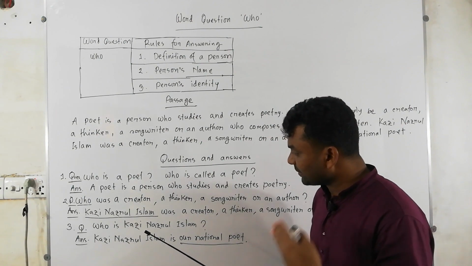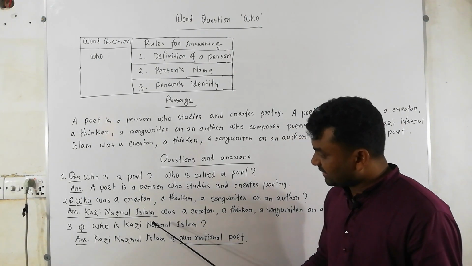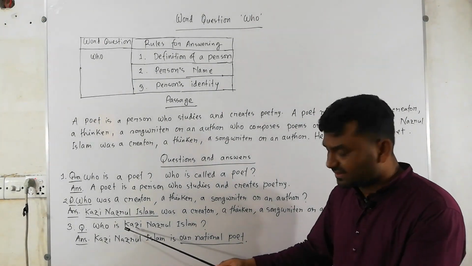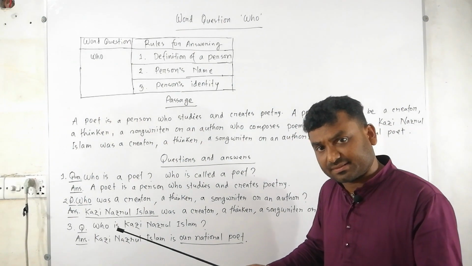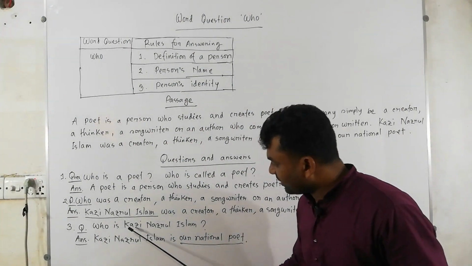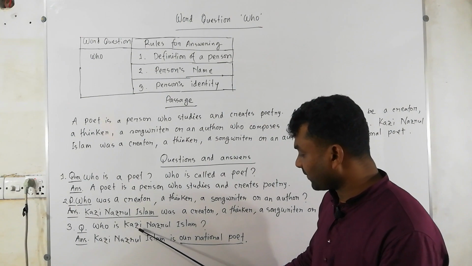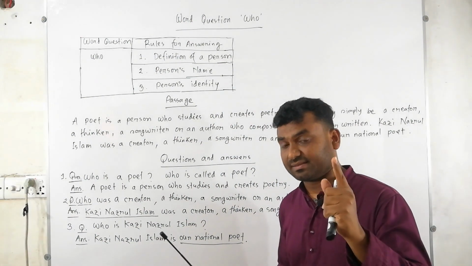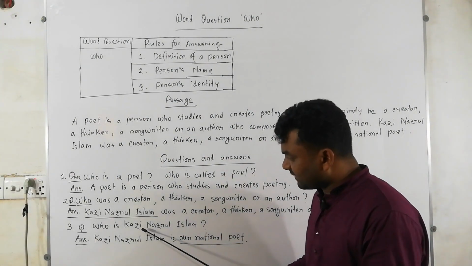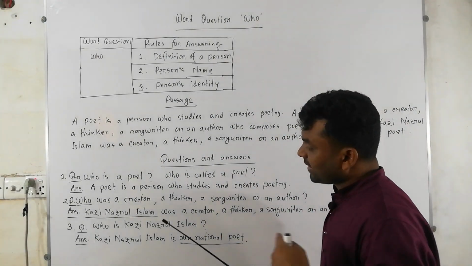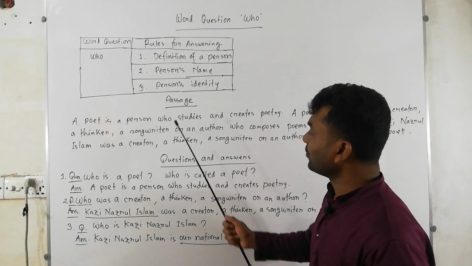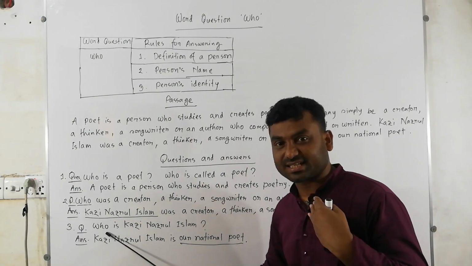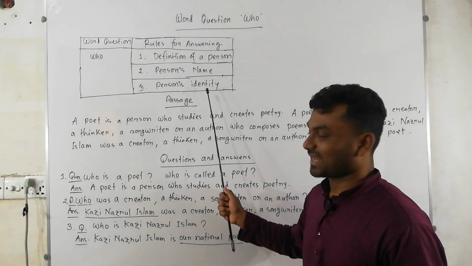But we're looking at that in this question we have Qazi Nazrul Islam. The person's name is in the question. Now what will happen? Now don't worry. If there is a person's name in the question, keep it in mind that we have to think another way. We have to think that we should take the person's identity. This question is demanding a person's identity.